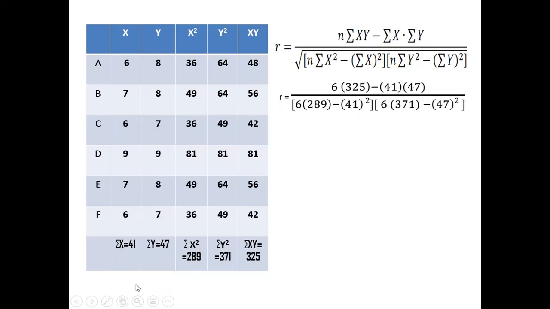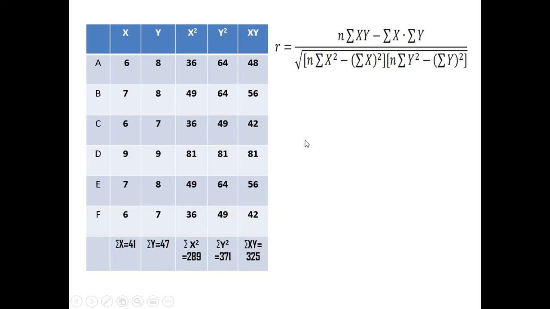Now, let us now substitute to the given formula. So, n is the number of observations, so definitely that is 6. What is summation of xy? Meron tayo dito 325. So, i-substitute na natin sila lahat.